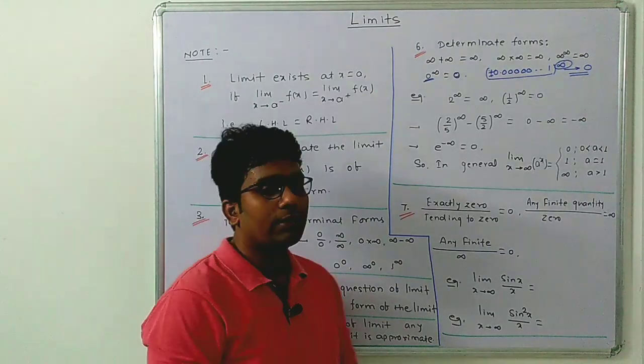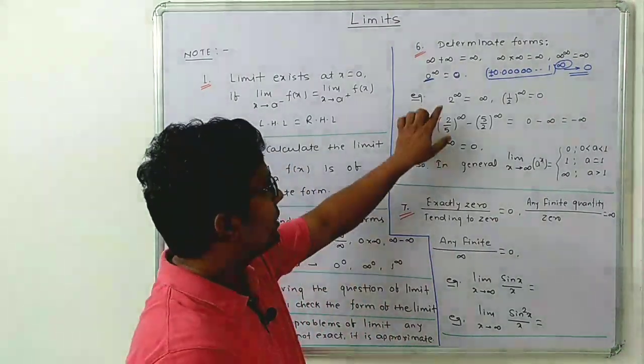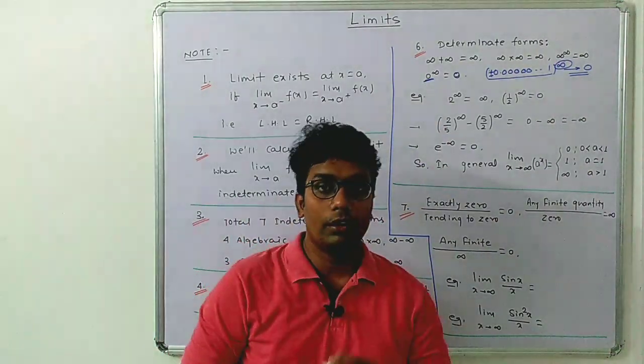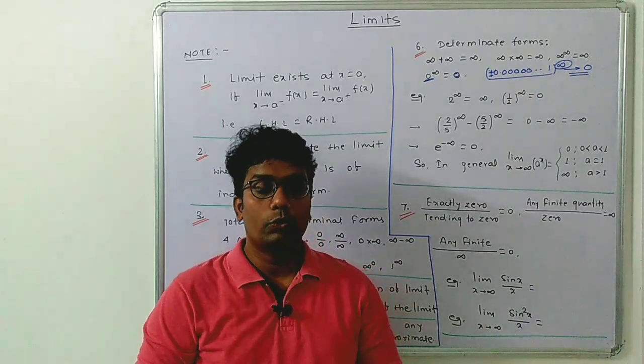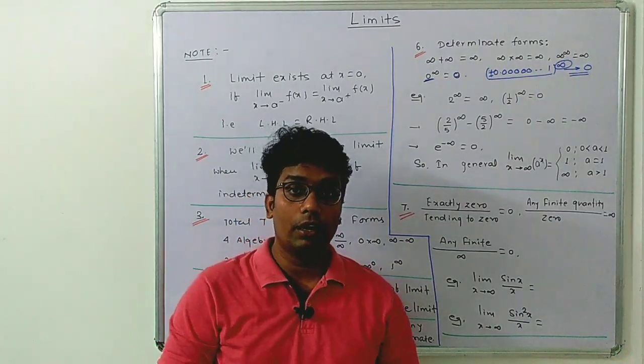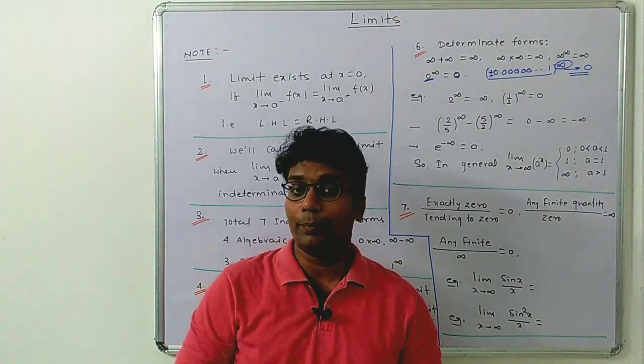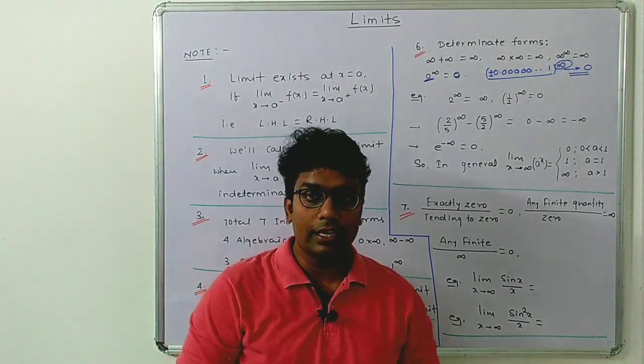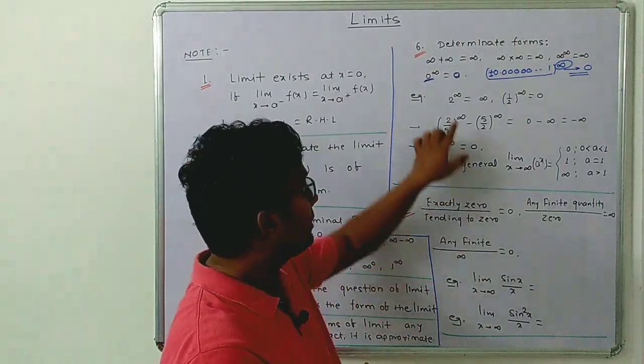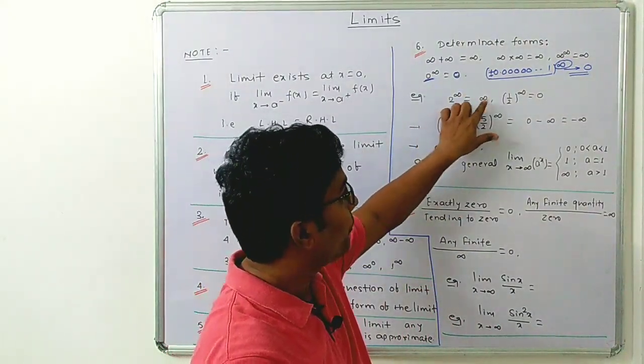Next, we have taken some examples. 2 raised to infinity: 2 is a number greater than 1. We already know the concept that when we take a base greater than 1 and increase the power, the value increases. So if we take the power infinity, it will obviously give you infinity.